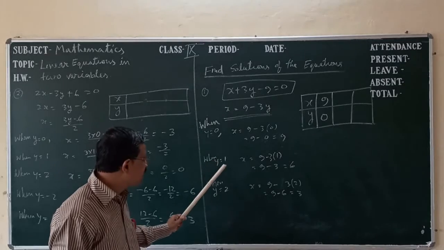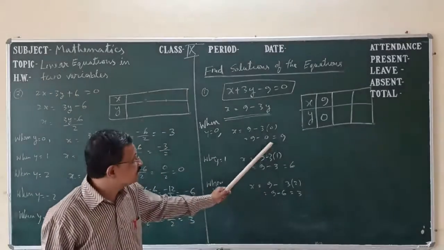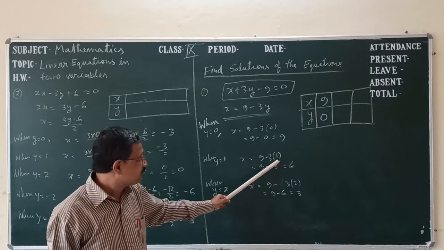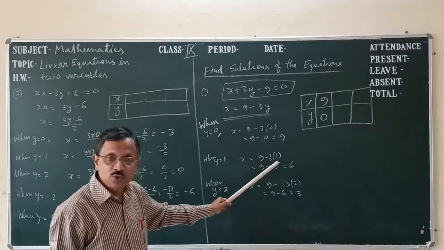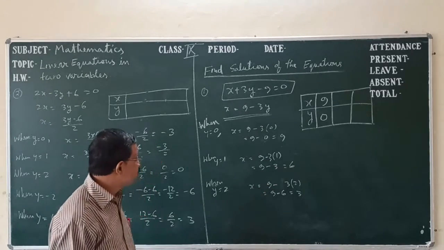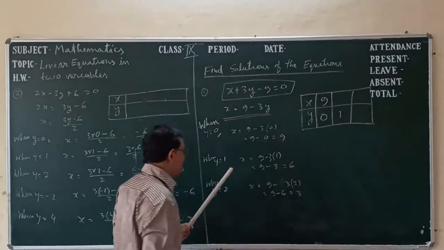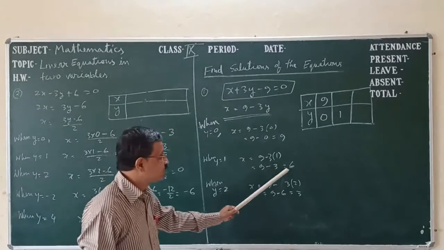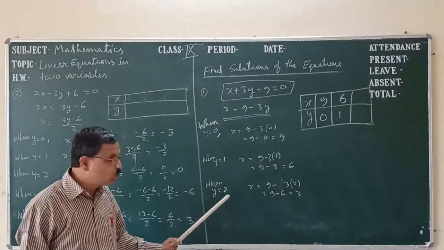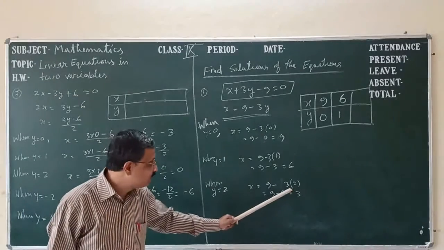Now when y is equal to 1, we write 1 in place of y. So 9 minus 3 into 1, 9 minus 3 is equal to 6. So when y is 1, we get x equal to 6. When y is equal to 2, we put 2 in place of y, so 3 into 2.